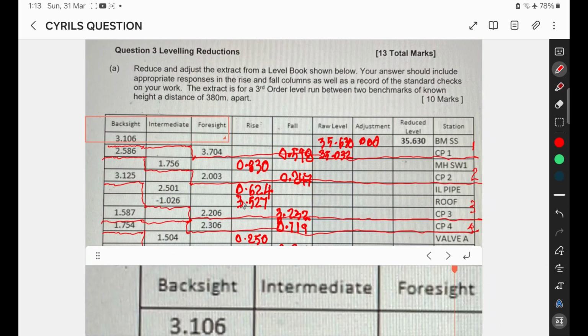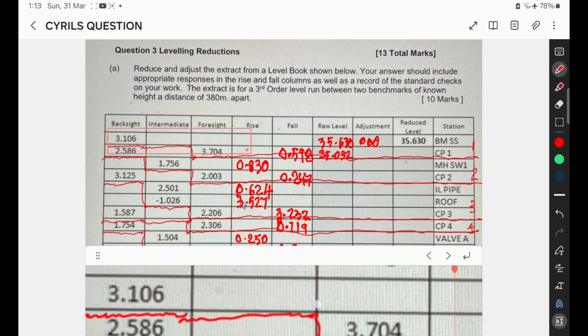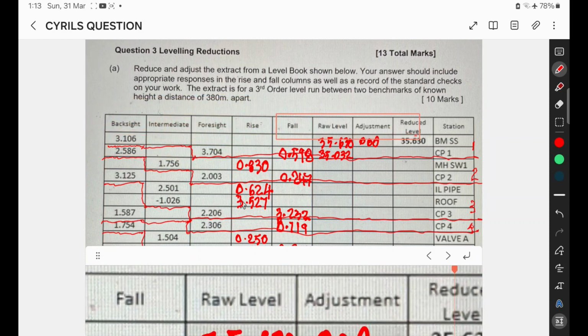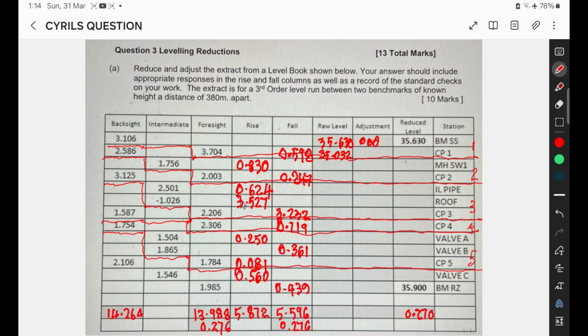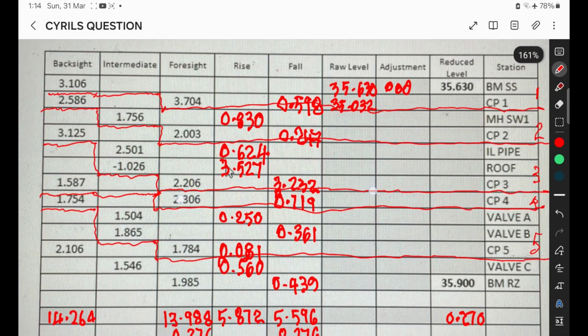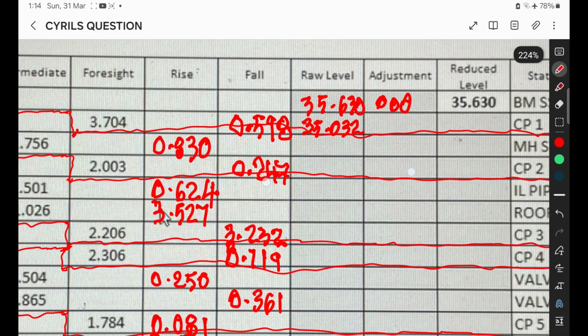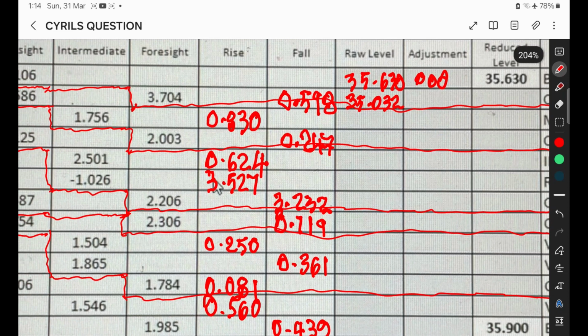My tablet has gone weird. Okay. I don't know how to get rid of that. Oh, there we go. I'm just going to make this bigger here so I can get these numbers in a little better.